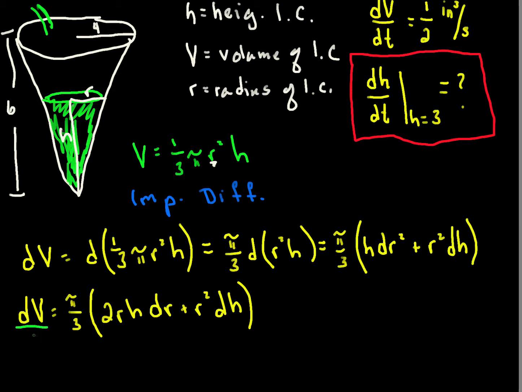So divide this by dt and divide this by dt.